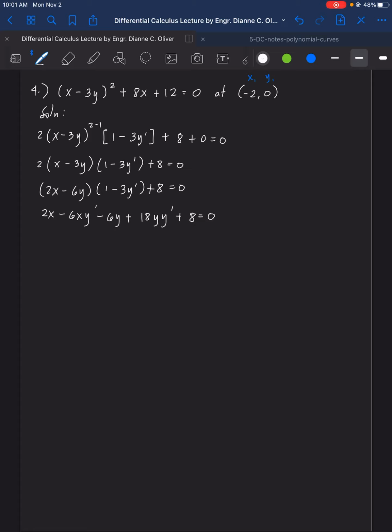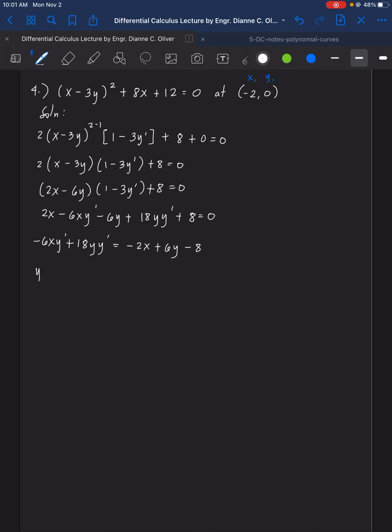Then, what we have learned from implicit differentiation is to leave all y prime on the left side of the equation. So, we have negative 6xy prime plus 18yy prime equals negative 2x plus 6y minus 8.